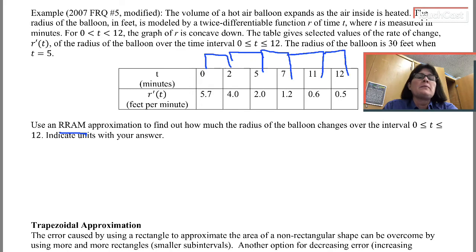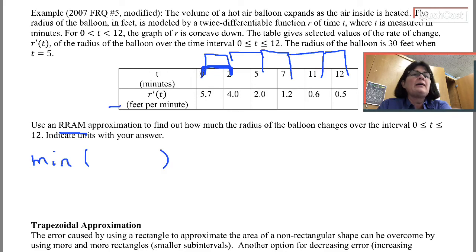So here we go. Maybe I'll figure out my units first. Every time I have a rectangle, I'm going to figure out the difference between those two numbers, but both of those numbers are measured in minutes. So the width of my rectangle is going to be minutes. It's going to get multiplied by feet per minute.